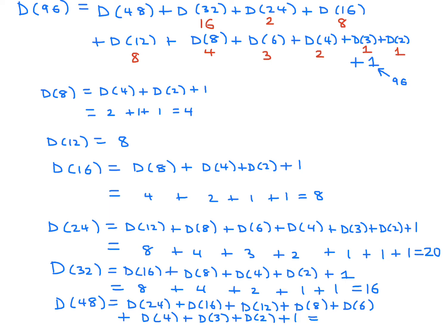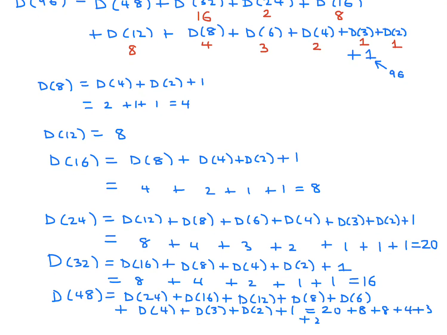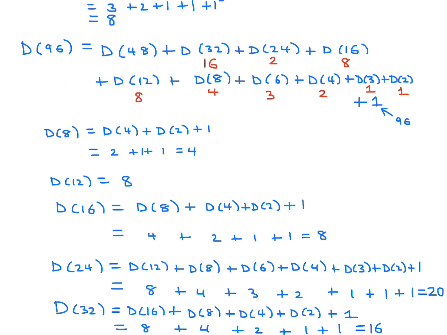And all of these added up: D24 was 20, D16 is 8, and D12 is 8, and then we have plus 4 plus 3 plus 2 plus 1 plus 1 plus 1, and that is equal to 48. Okay, that was the last piece of the puzzle, 48.